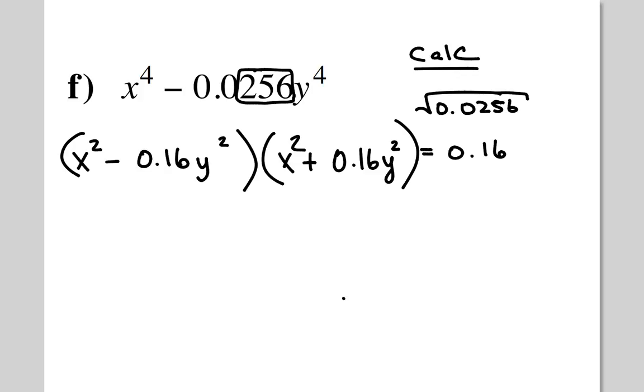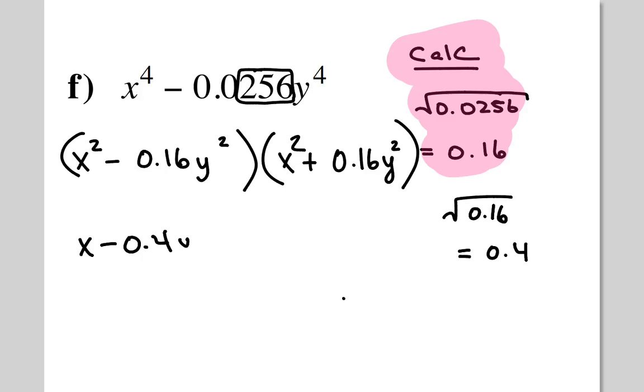And this stuff on the right is on the side. So then do another aside, 0.16 with the radical. Okay, so then we get x minus 0.4y, x plus 0.4y, and then repeat that last term again.